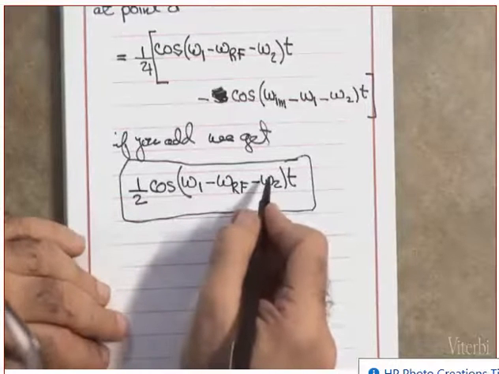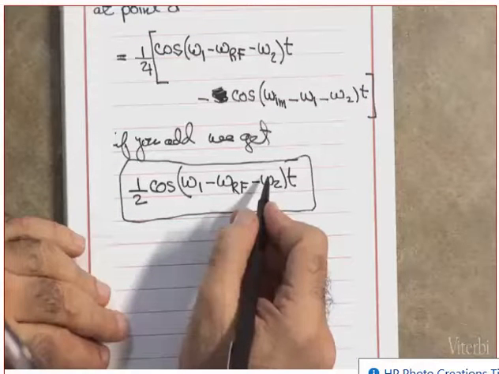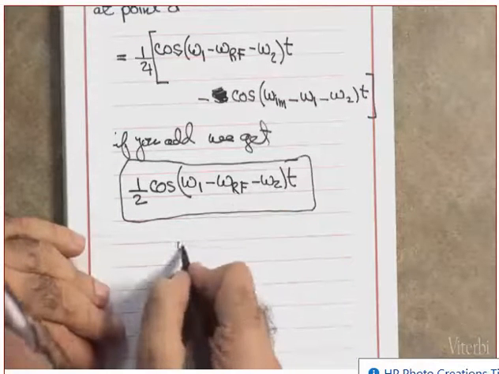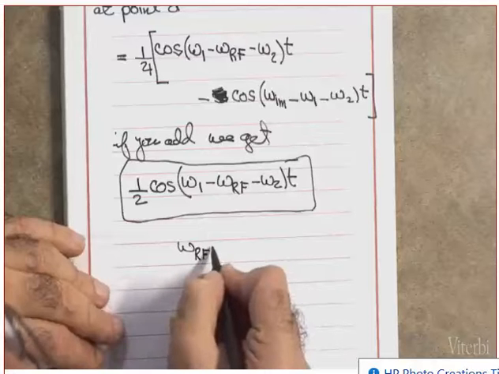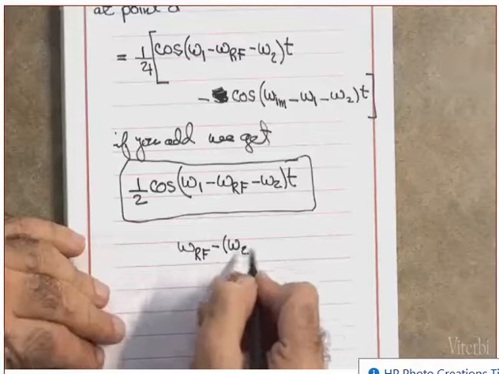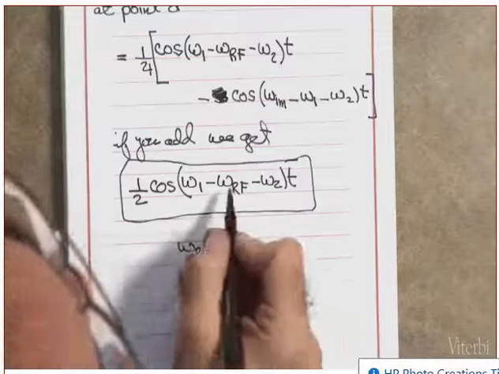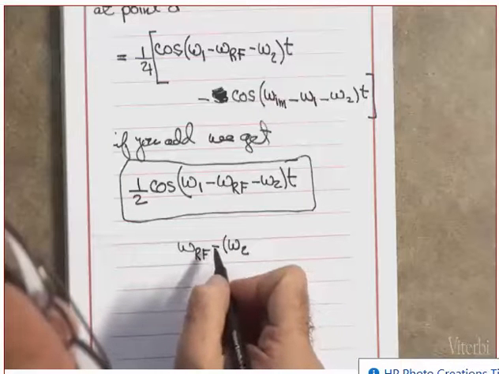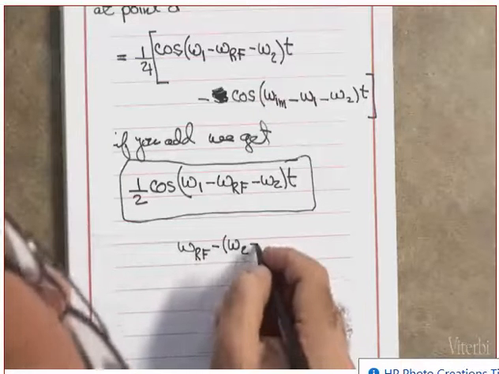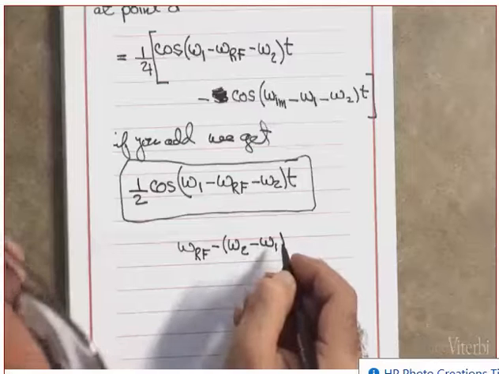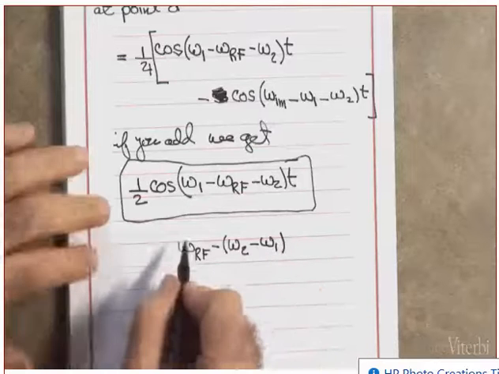How can I write this in a different way? In other words, omega RF minus omega 2 minus omega 1, like this? Okay.